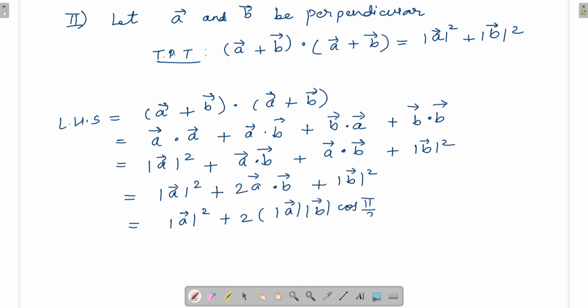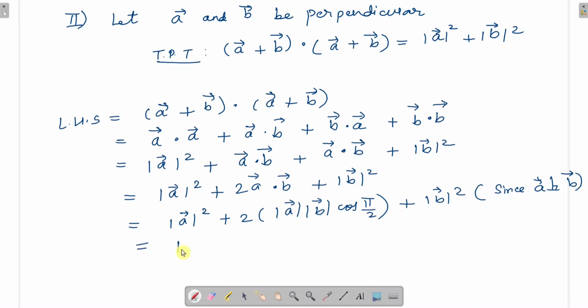Why cos pi by 2? Because A bar and B bar are perpendicular, right. So plus B bar square. So this is since A bar is perpendicular to B bar. Okay. Therefore this theta which is there will be pi by 2.